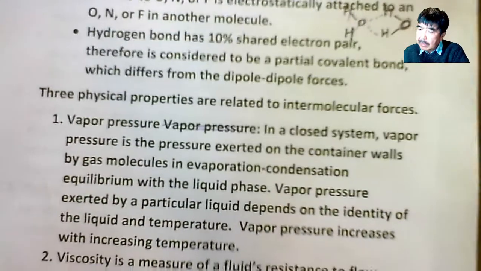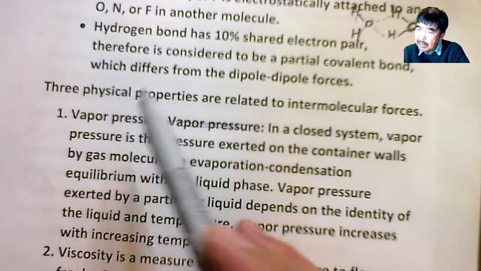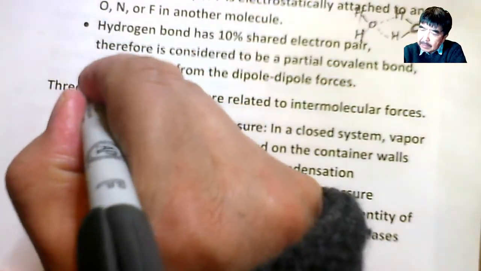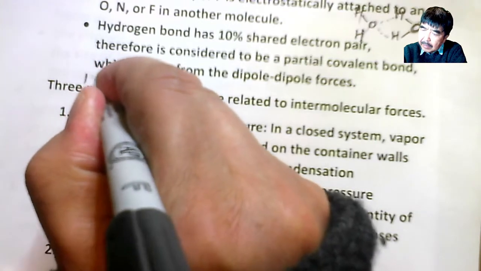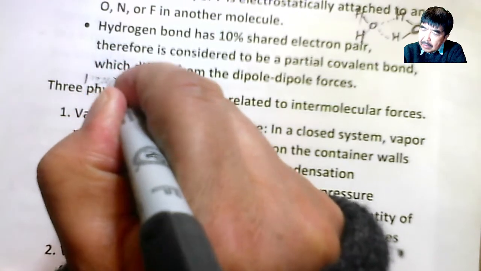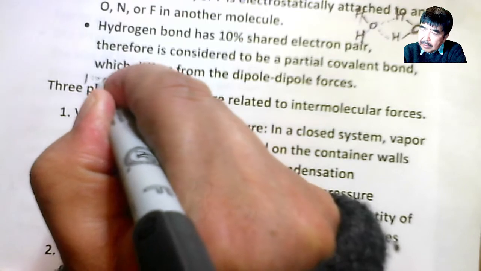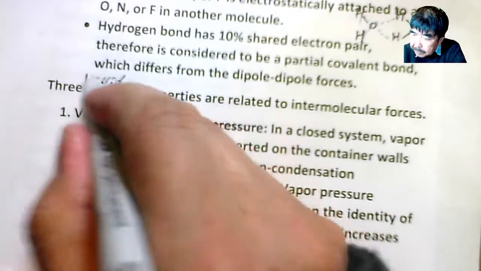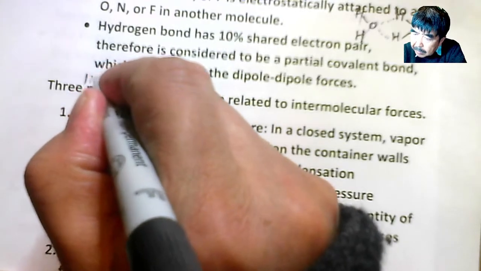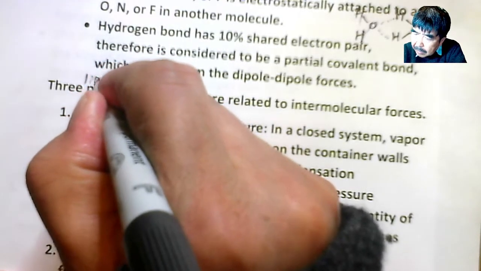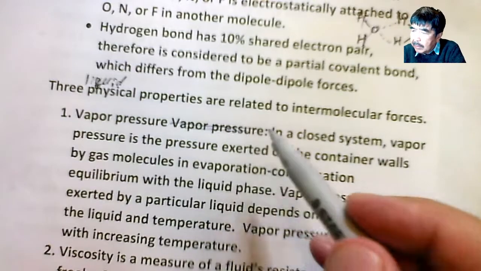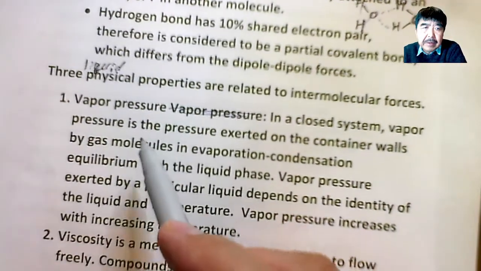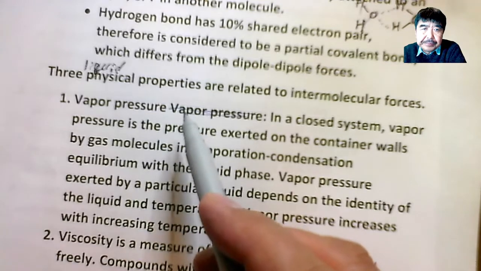Okay, we have three liquid physical properties related to intermolecular forces. The first one is called vapor pressure.